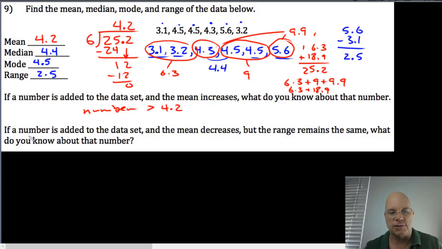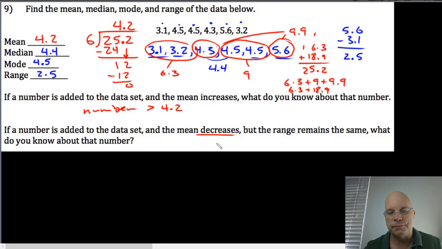This final question asks, if a number is added to the data set and the mean decreases, but the range remains the same, what do you know about that number? Well, we said that if we added a number less than 4.2, the mean would decrease. But in order for the range to remain the same, we can't go any lower than this low number, because if we added some number to the data set that was lower than 3.1, that would increase the range.